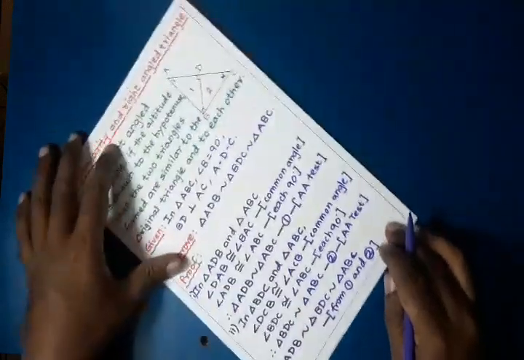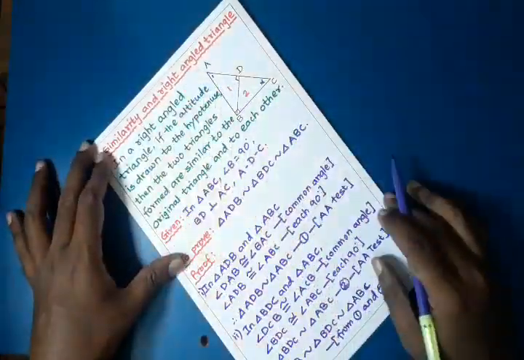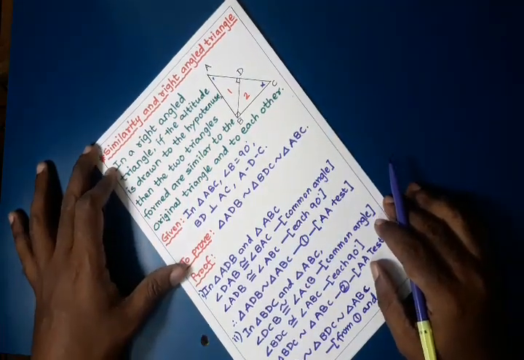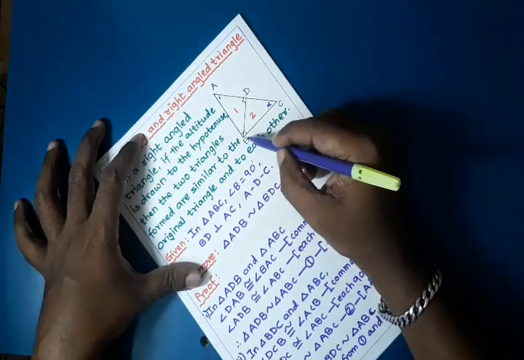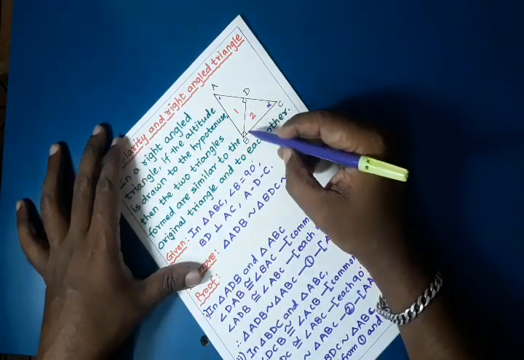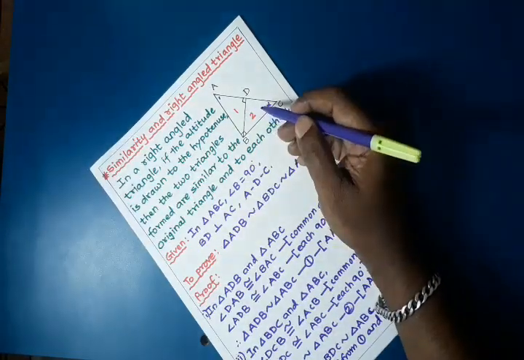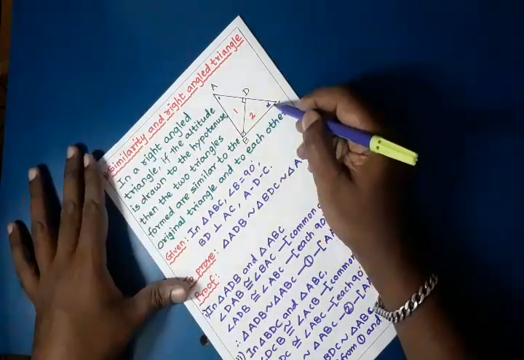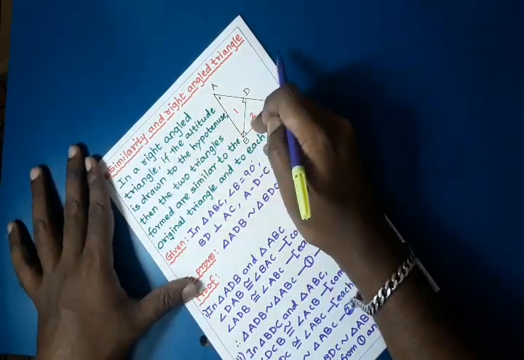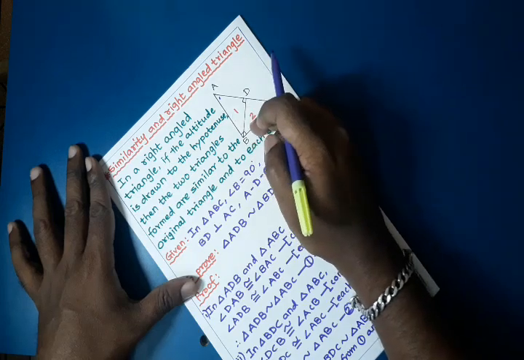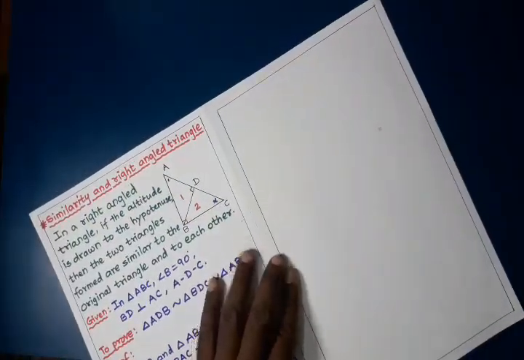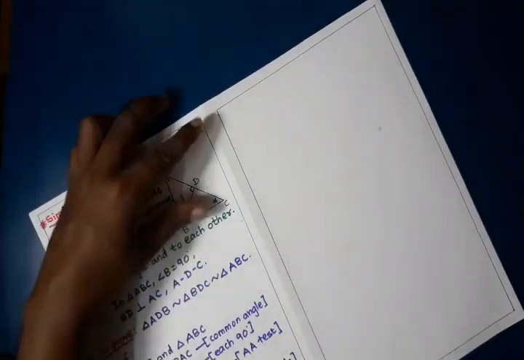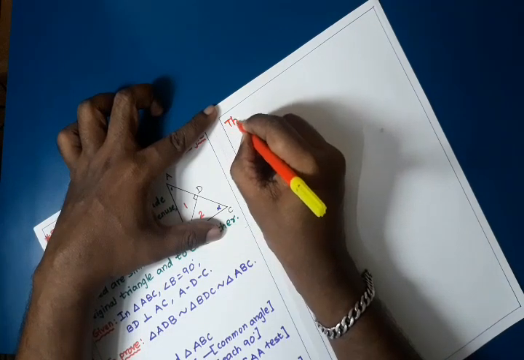In this way the similarity and right angle triangle theorem is proved. Again I will explain that if in a right angle triangle we draw an altitude, a perpendicular on the hypotenuse from the vertex, then the two triangles formed are similar to each other and they are similar to the original triangle. And now let's see the theorem of geometric mean.